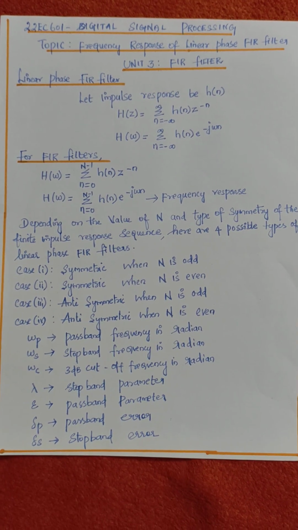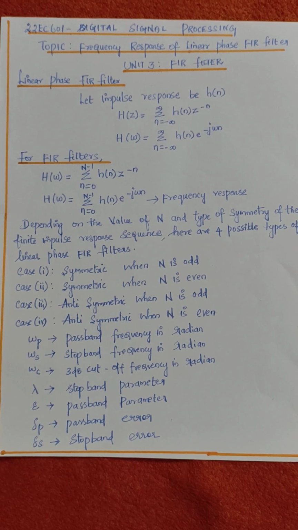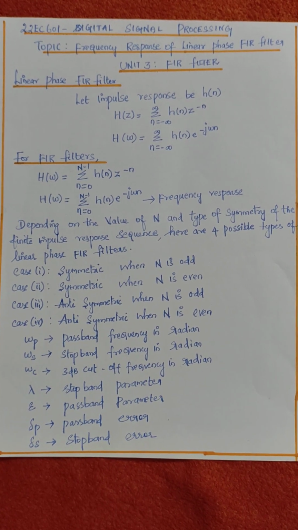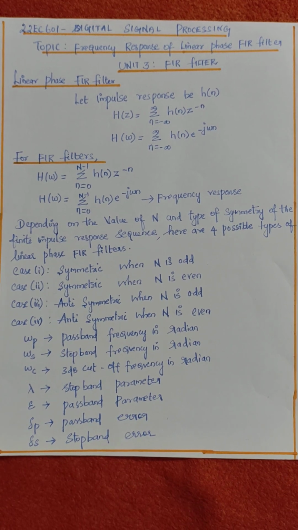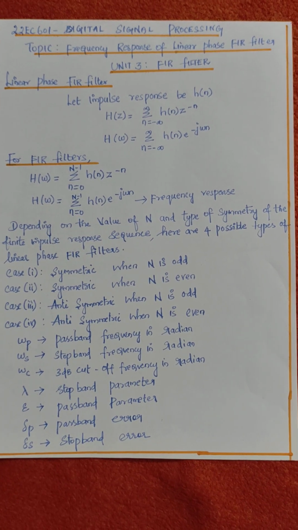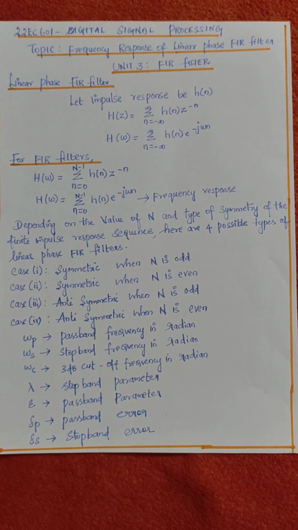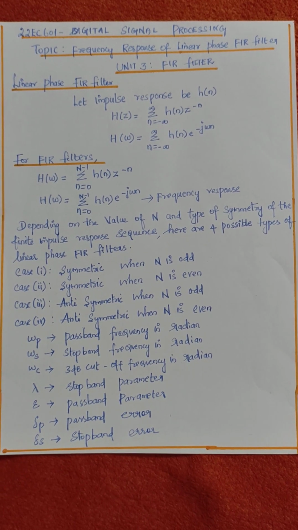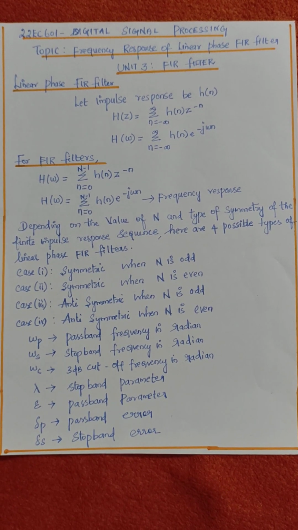Let the impulse response be h of n. So take my transfer function H of z, the z transform. H of z is equal to summation n equal to minus infinity to infinity h of n z power minus n. For this, H of omega is equal to summation n equal to minus infinity h of n e power minus j omega n.